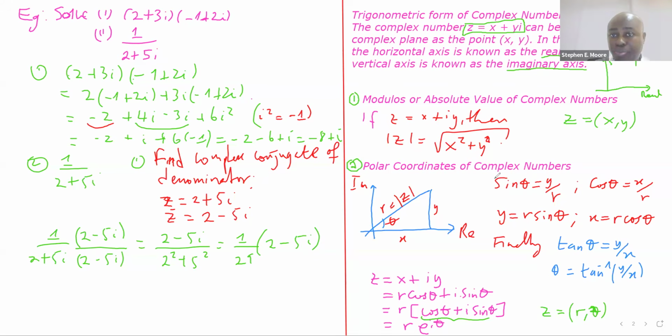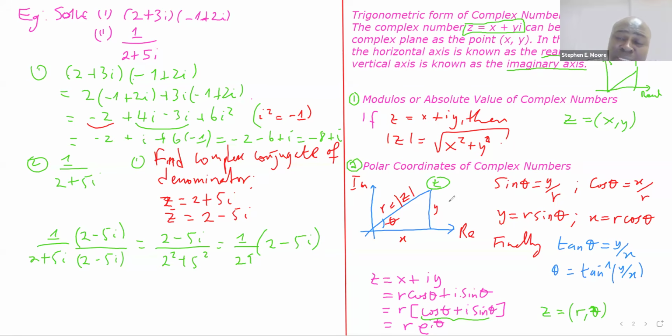Deriving the polar coordinates of the complex form: because we are in a complex plane, as I showed earlier, we can derive an angle theta, the angle the line z makes from the origin.